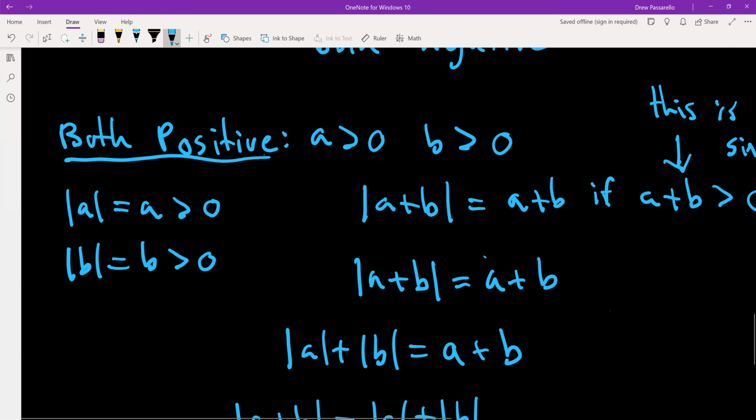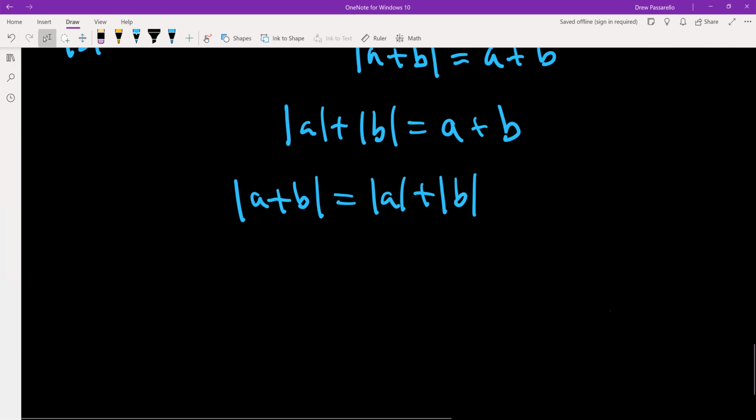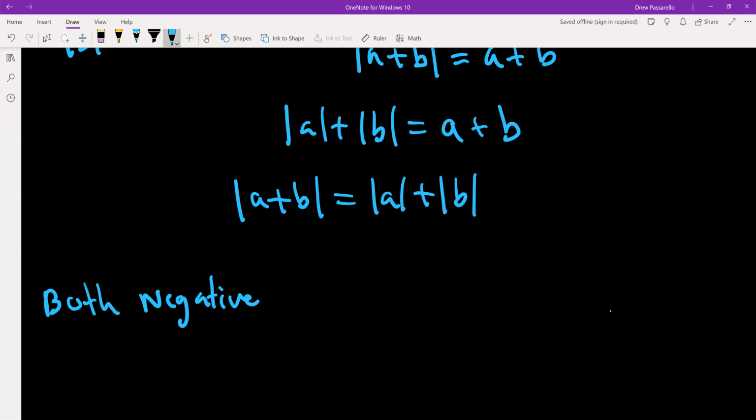All right, so that takes care of the case when they're both positive. Now the case in which they're both negative. So that means a is less than 0, b is less than 0.